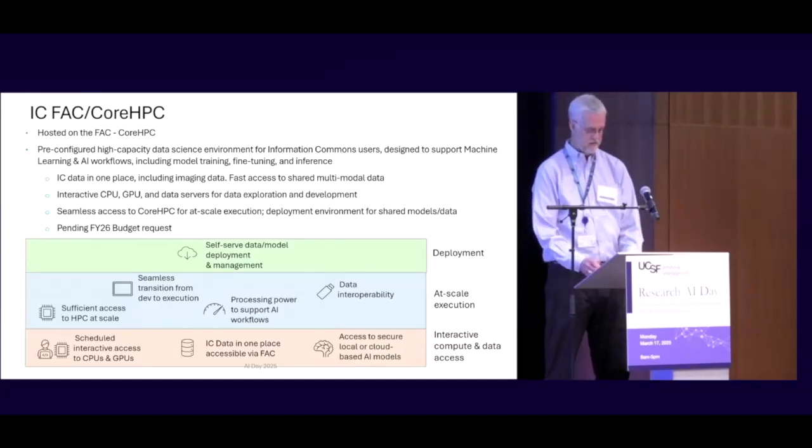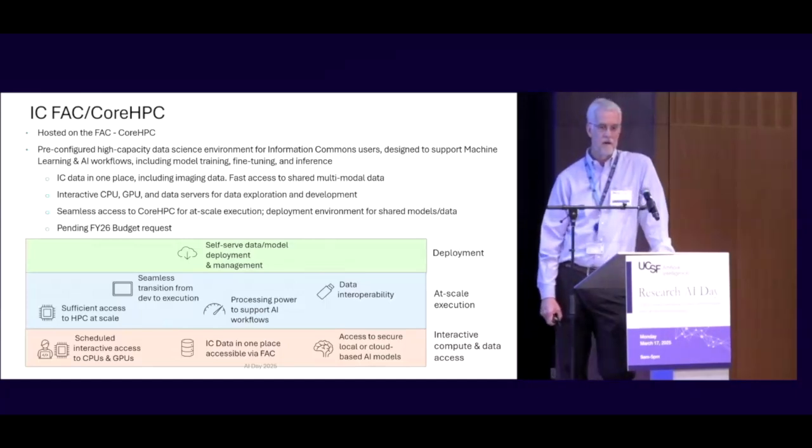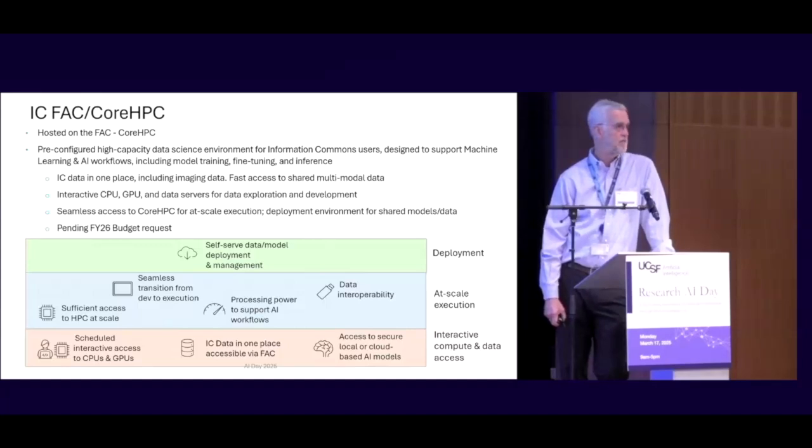And lastly, on the environments, we have ICFAC, so Information Commons FAC/Core HPC. This is really taking the two environments I just talked about and putting the Information Commons infrastructure on it. So you have the data and the tools, and you can go across the FAC environment and scale up into HPC.